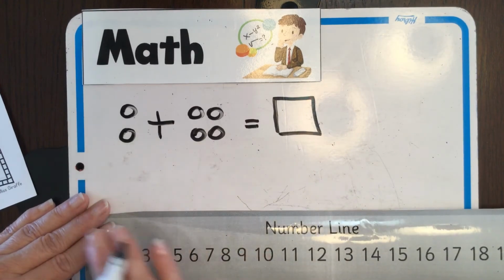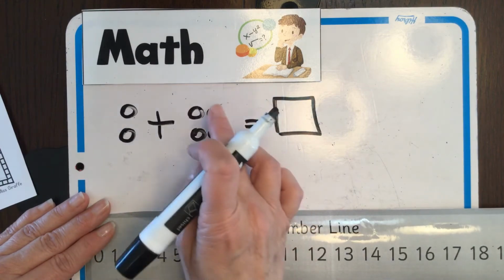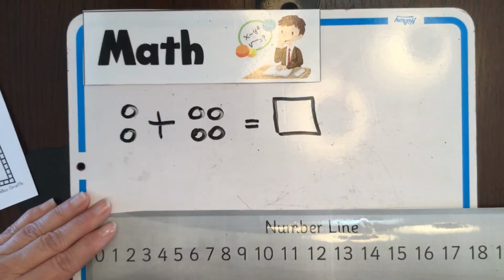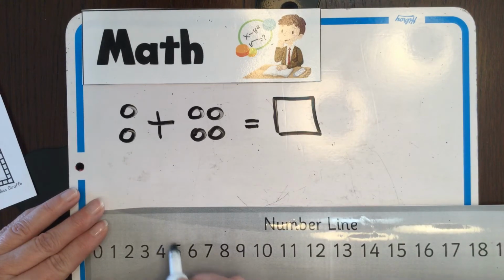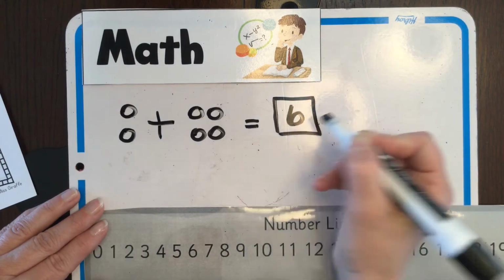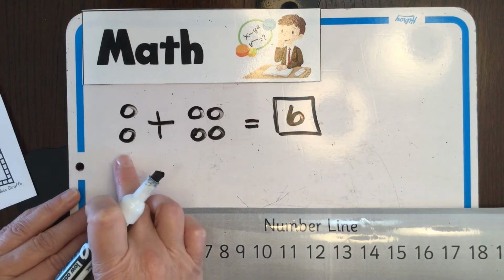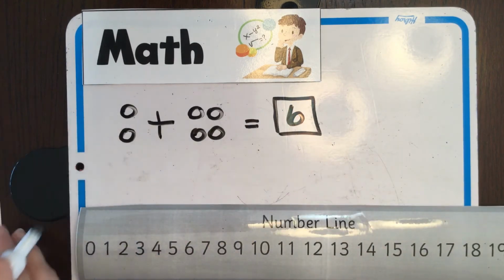I can quickly count by 2s and see 2, 4, 6 to get my answer. I can know that 4 with 2 more makes a 6, or I could use my number line to skip forward 1, 2 and come to 6, or I could skip count from 4, 2 more, and I know that the answer is 6. So Pam has 2 green socks and 4 red socks. She has 6 socks all together. Good. Let's do one more question.